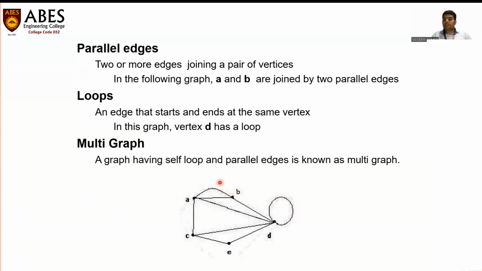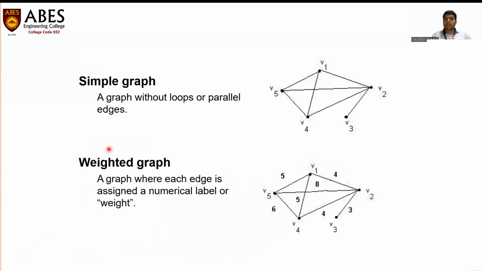Multigraph: if a graph has self loops and parallel edges, we will call it a multigraph. In this graph, these two things exist: one is a parallel edge, another one is a self loop. So this graph we will call a multigraph. A graph is a simple graph if there is no loop and no parallel edges. So this graph does not have any parallel edges and does not have any self loop, so we will call it a simple graph.